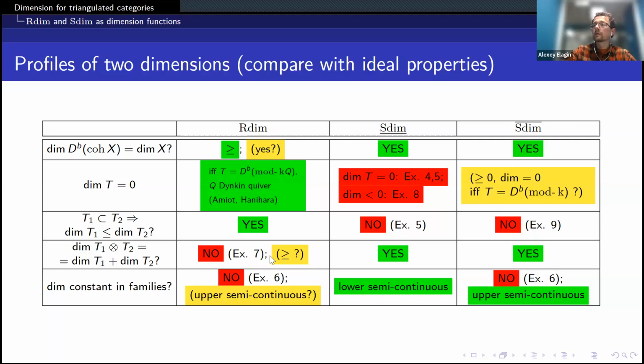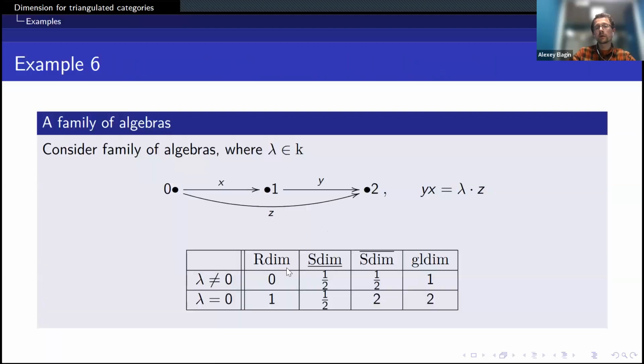And finally, dimension in families. As we can see from this example, Rouquier dimension can jump at some special points, and upper Serre dimension also can jump. Unfortunately, I don't have a ready example where lower Serre dimension can jump down.